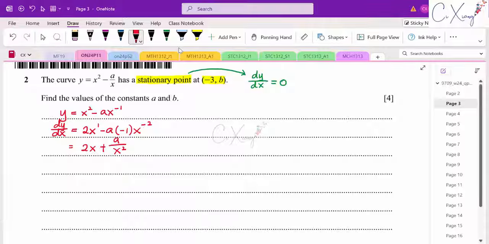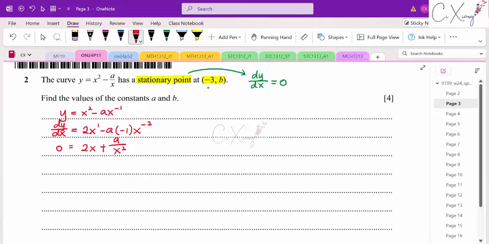Okay, so this is what we get after the differentiation, 2x plus a over x squared. This is my dy/dx. And for this dy/dx, I know that at a stationary point, dy/dx is equal to 0. Therefore, I will put this equal to 0. Alright, so I will try to get the value for a here. So how can I get the value of a?